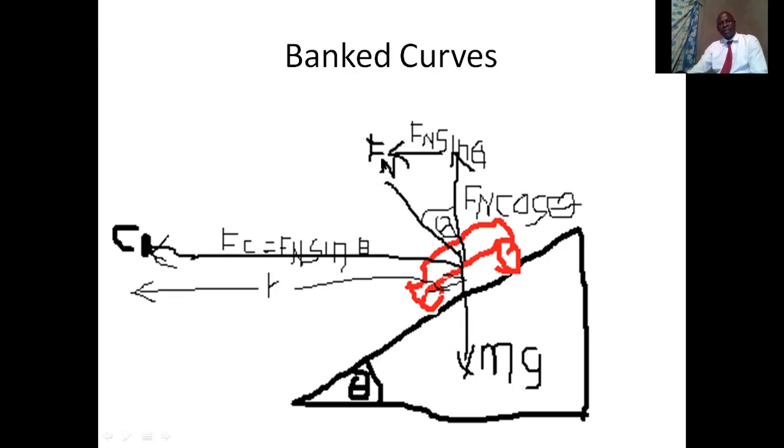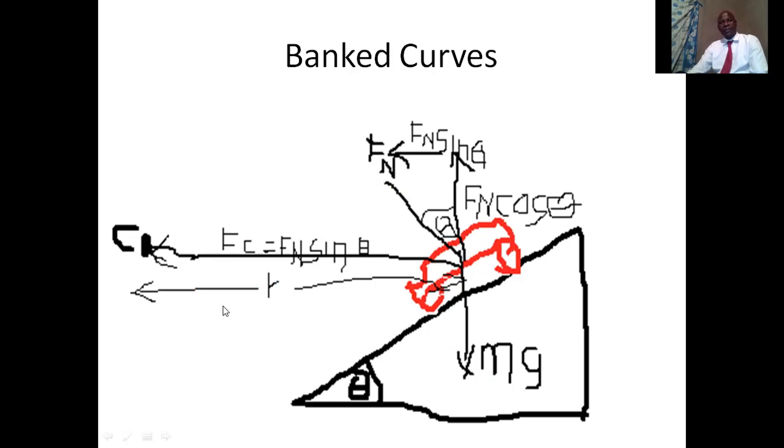And we notice that this normal force sine theta is actually parallel to this force, which is centripetal force, which is towards the center. And therefore we can say the centripetal force is equal to the normal force multiplied by sine theta, because these are actually parallel.